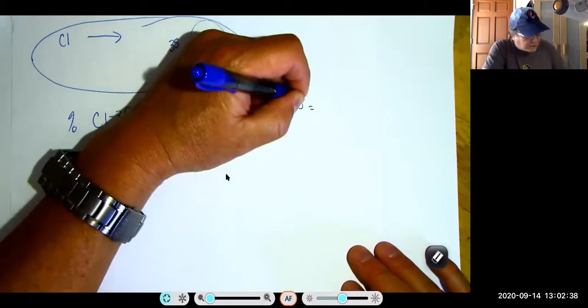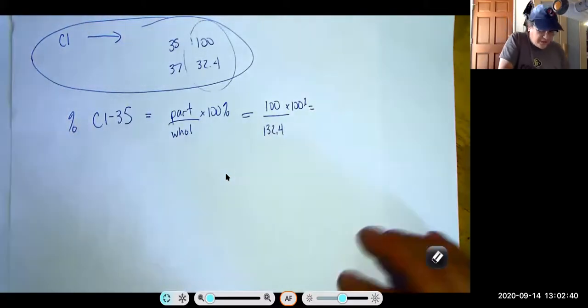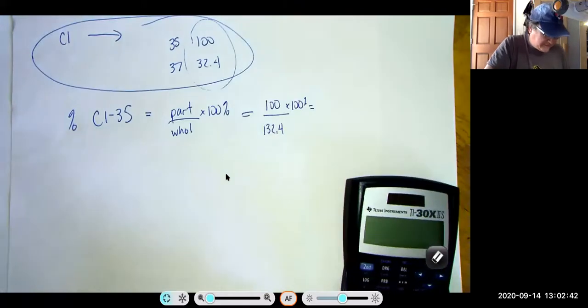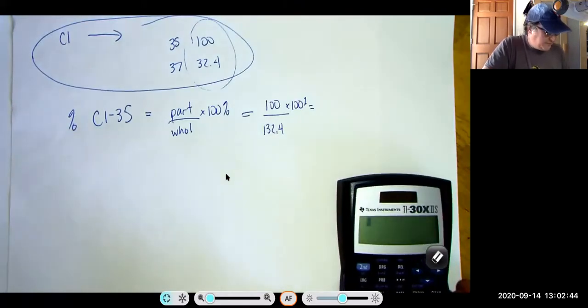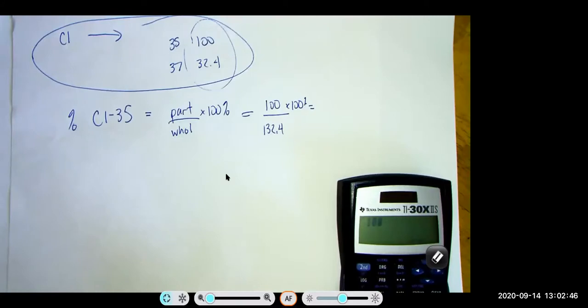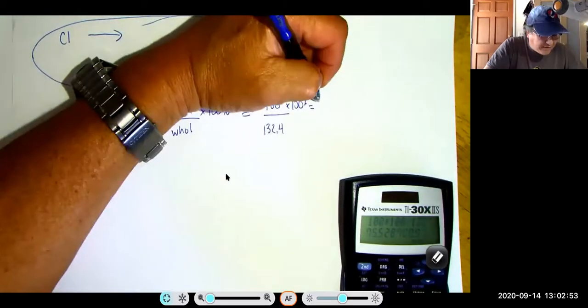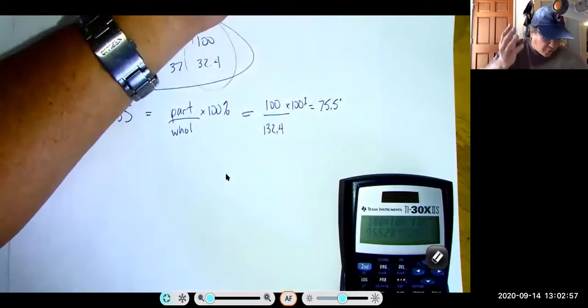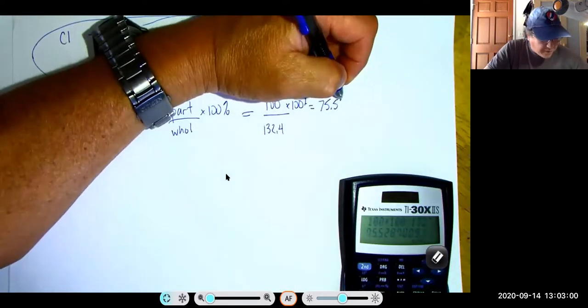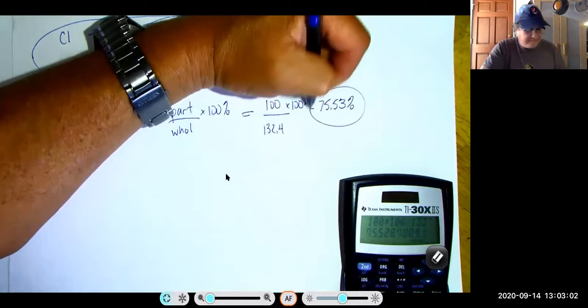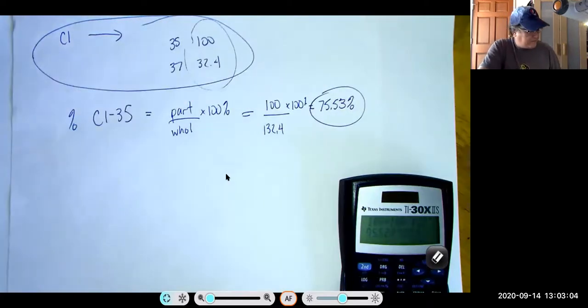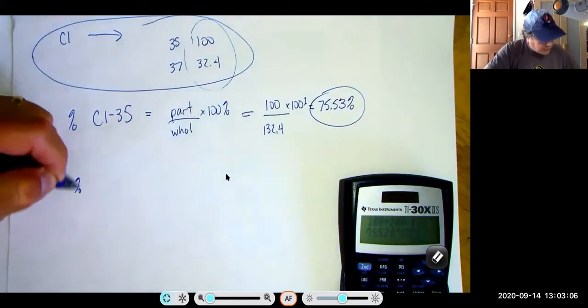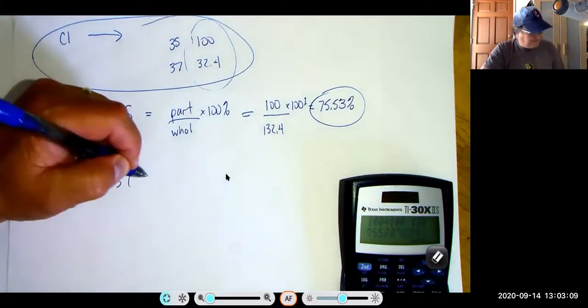So let's find out what percentage of a sample is chlorine 35. So we get 75.5. This gives us 4 sig figs, so 75.53%. What's the percentage of chlorine 37? Calculate that for me.